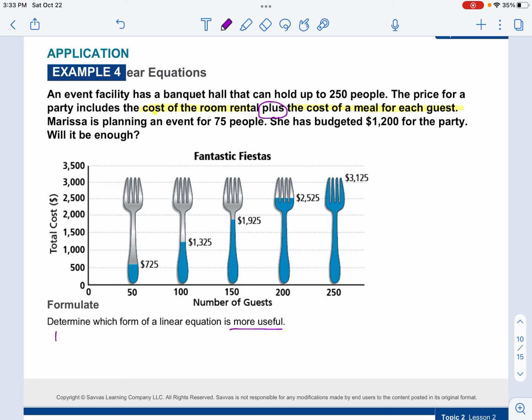Now remember, the two forms we have is y equals mx plus b and y minus y1 equals m times x minus x1. Well, in this question here, you have various points. So I would actually use point slope form because all I need is a point and the slope in order for me to write an equation.